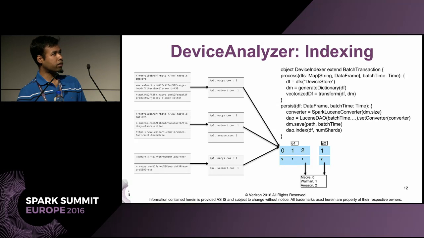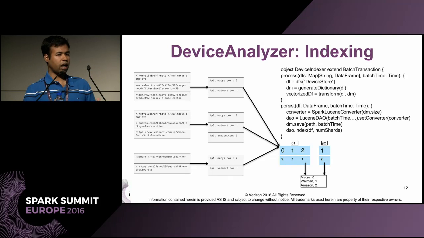It will call the persist method, and you implement the persist method, and this batch time is a Trapezium supported batch time. So this tells you that at this particular time the workflow has run, write your data with that batch time so that later you know what your last successful run was or which runs have failed.